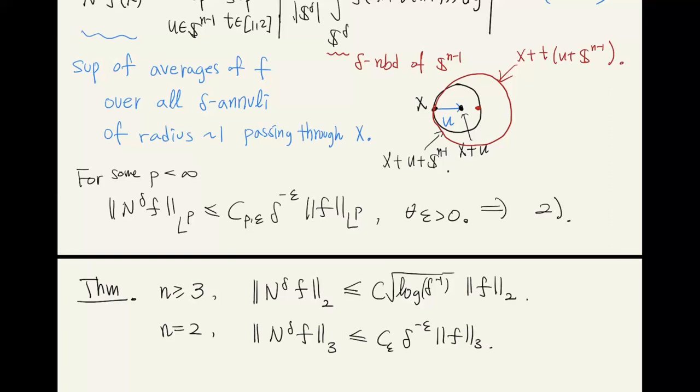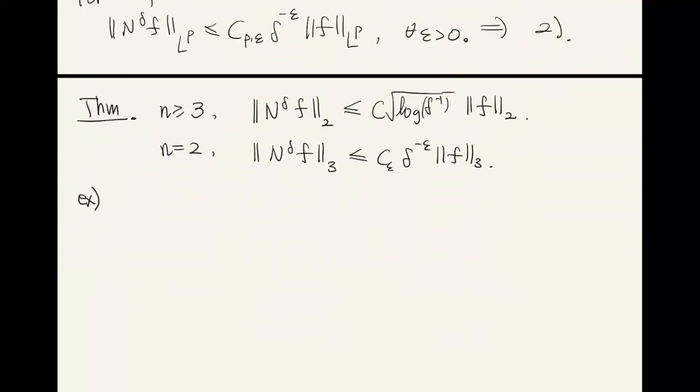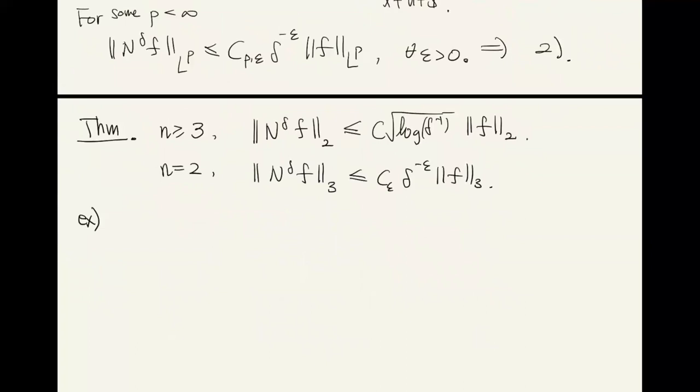So now let me give you some examples to get some feeling of this maximal function. Here in dimension 2, let me consider a set E given by a thin rectangle of side lengths root delta and delta. So it's kind of a Knapp example.